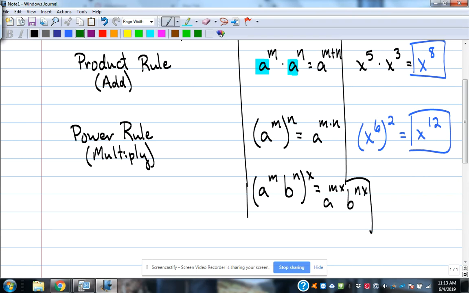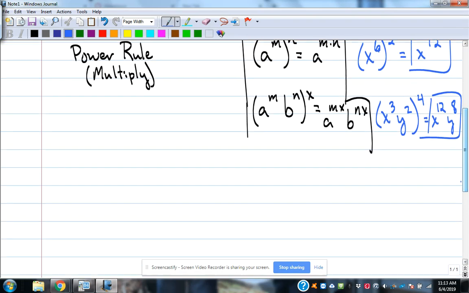An example would be x to the 3rd, y squared, all to the 4th power. That'd be x to the 12th, y to the 8th. 4 times 3 is 12, 4 times 2 is 8. So multiply any exponent on the inside times the exponent on the outside if there are parentheses there.